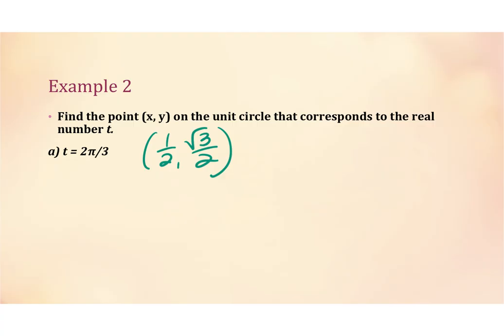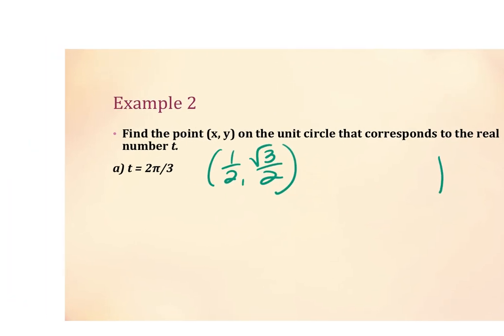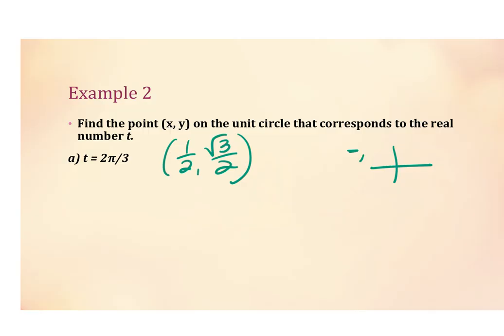Now figure out where 2π/3 is. You can either look at your unit circle if you filled it out, or ask what's the relationship between the 2 and the 3? It's one less. Where does one less live? Second quadrant. And in the second quadrant, you'd have a negative x and a positive y.